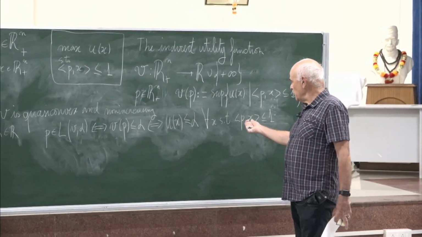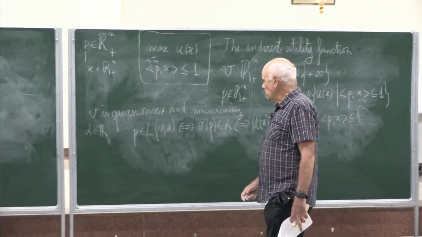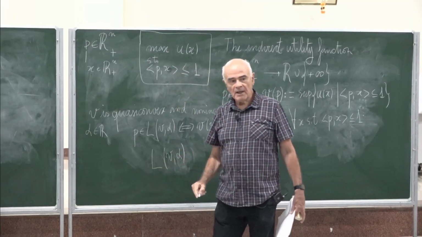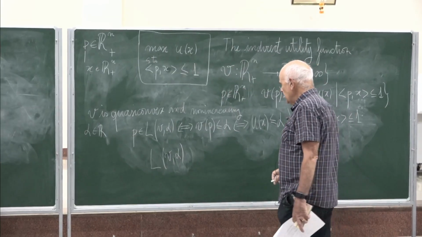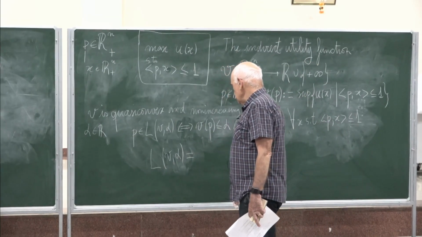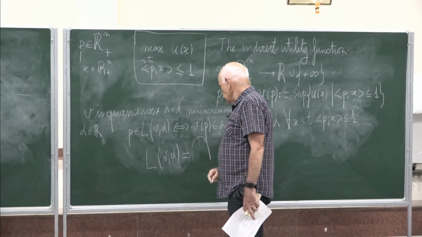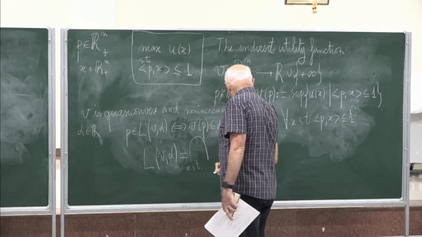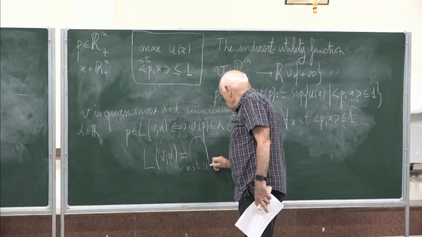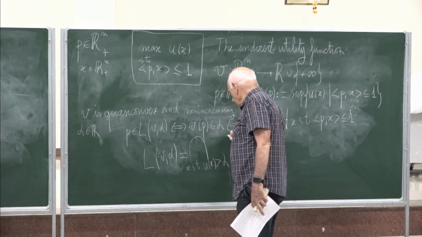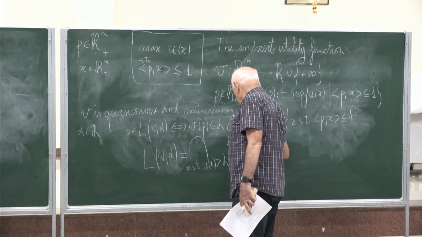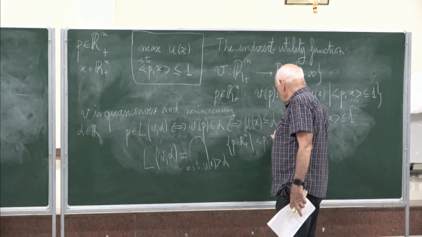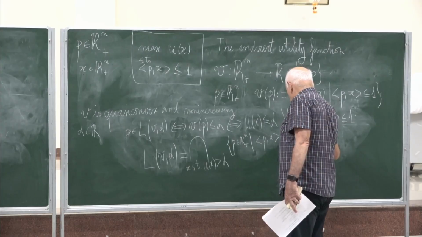If you pay attention to this conclusion, then you will observe that this shows us that L of V alpha is the intersection over the set of x such that U of x is greater than alpha of the set of P such that Px is strictly greater than 1.